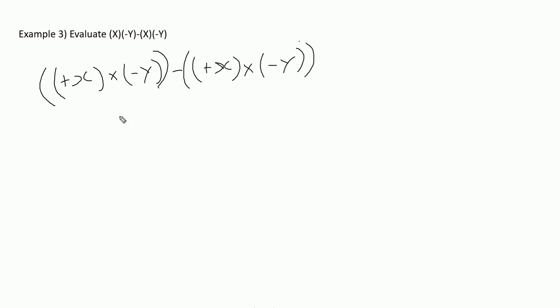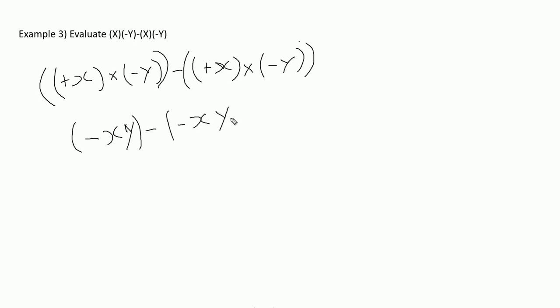So we do positive x times negative y. Positive times a negative will give you negative xy. And this positive x and this negative y will give you minus, because there's a minus here, negative xy.